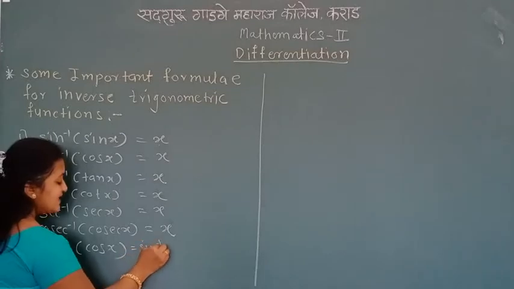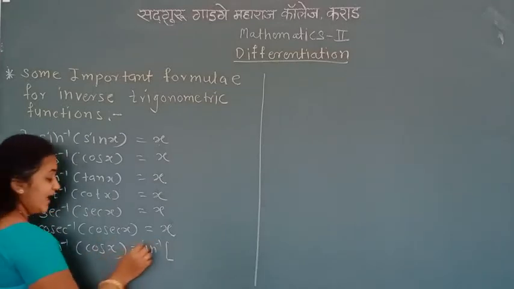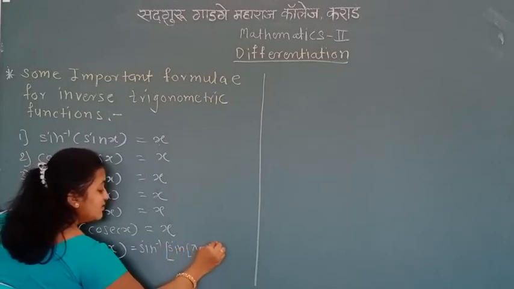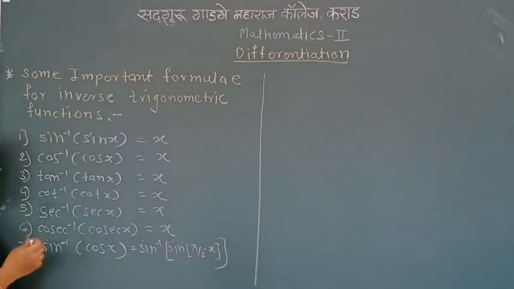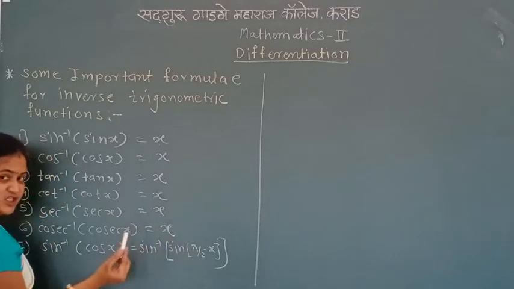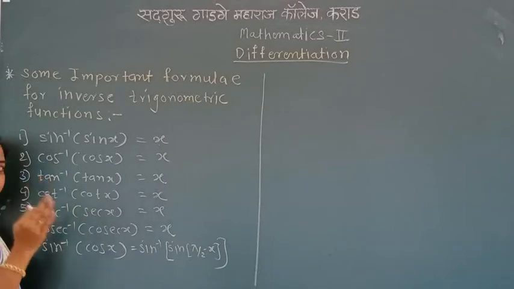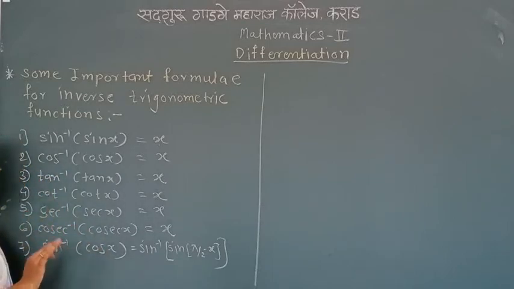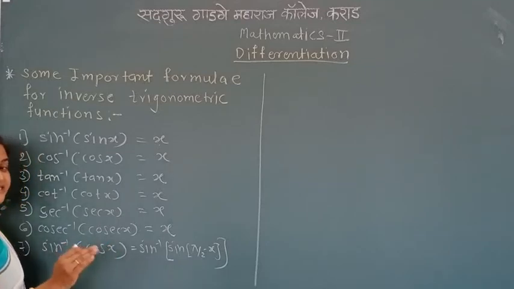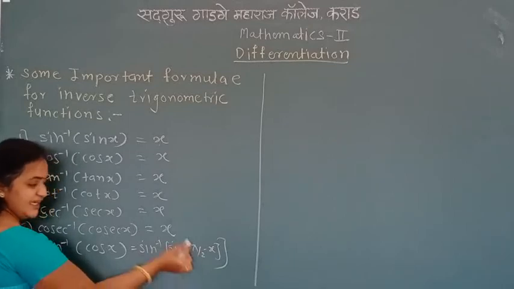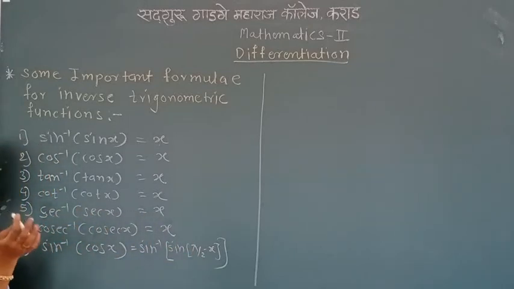Sine inverse as it is, and this cos we can write as sine of pi by 2 minus x, because pi by 2 means the ratio changes. Which are the allied angles? Pi by 2 plus x, pi by 2 minus x, pi plus x, pi minus x, 2 pi plus x or 2 pi minus x. Pi by 2 means your ratio will be changed and pi means your ratio will be the same.